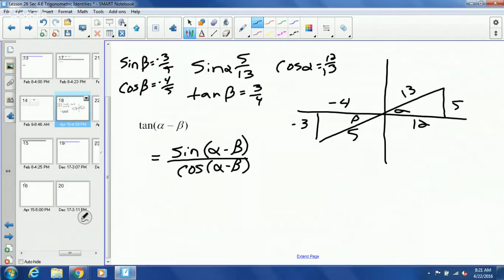It gets exciting, okay? All right, didn't we just look back up at the problem above it? It's off of mine, but it should be on your sheet. Did we already do cosine of alpha minus beta? Yeah, and what did we get? 63/65. So I've got that part done. That's a breeze now, right?